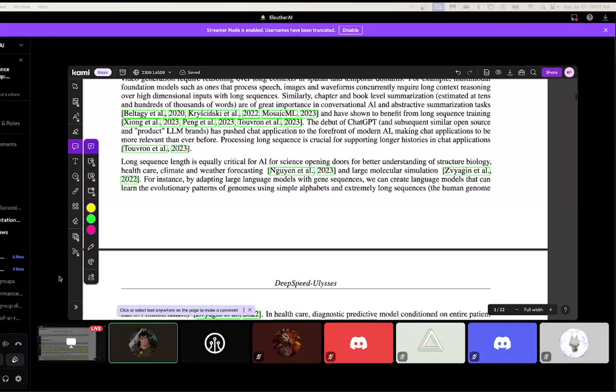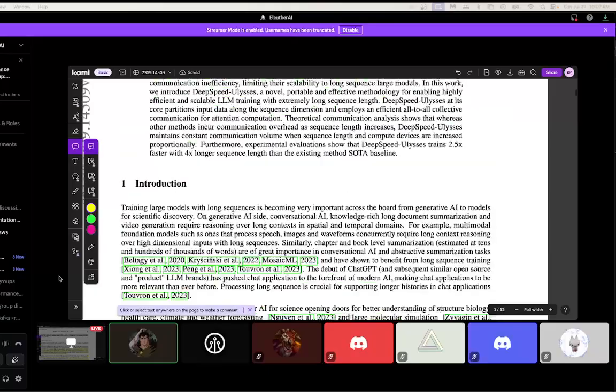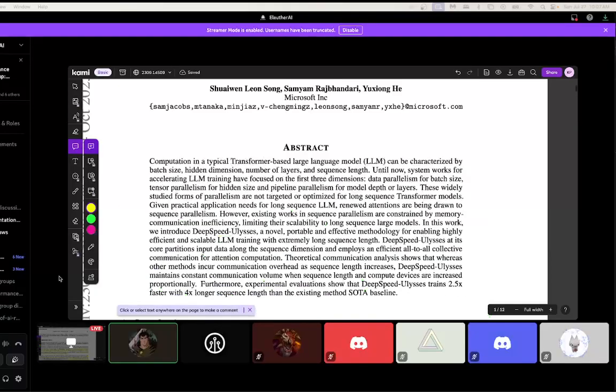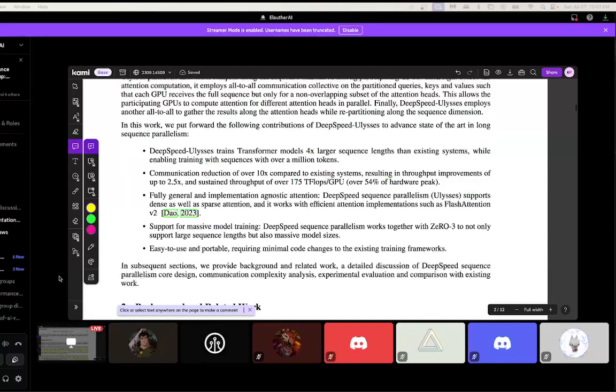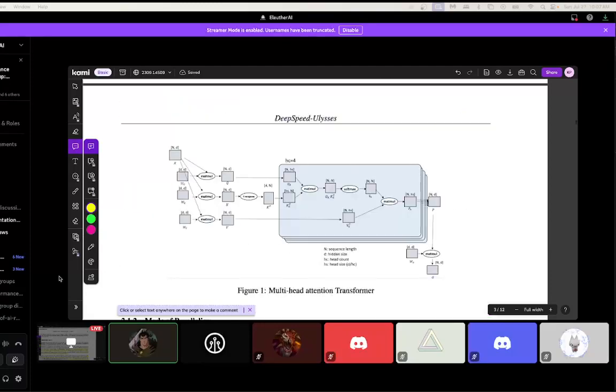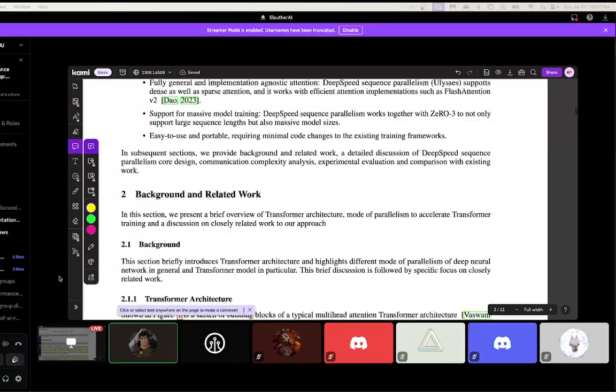So this is DeepSpeed Ulysses, a paper made by Microsoft. They build on top of Megatron.